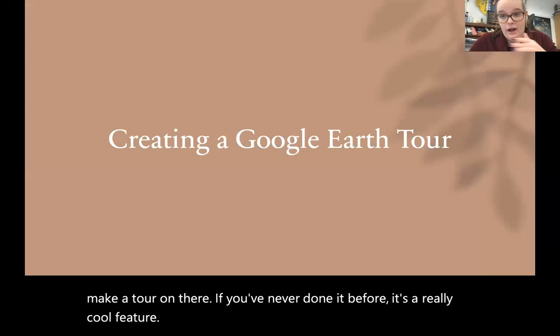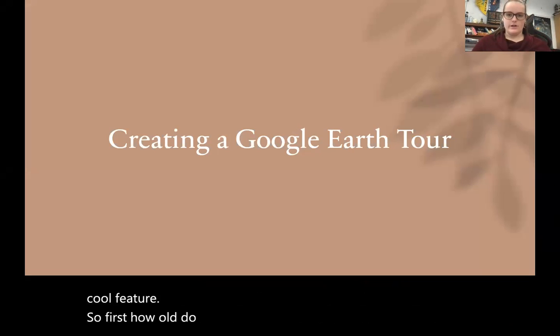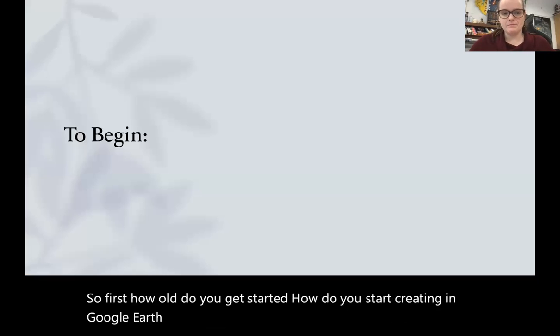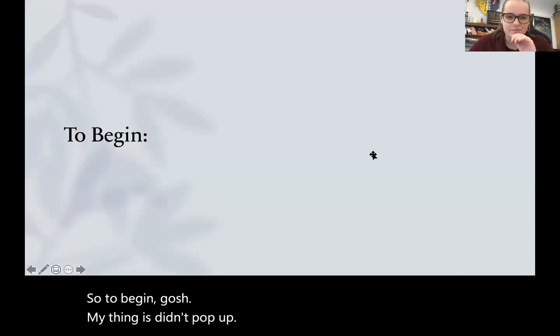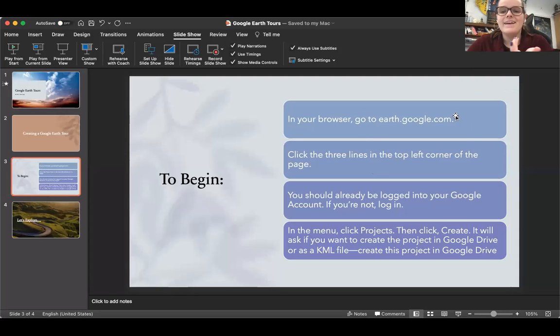So first, how do you get started? How do you start creating a Google Earth tour? So to begin, in your browser, you go to earth.google.com. You can also just Google search Google Earth. Either way, you'll get there.